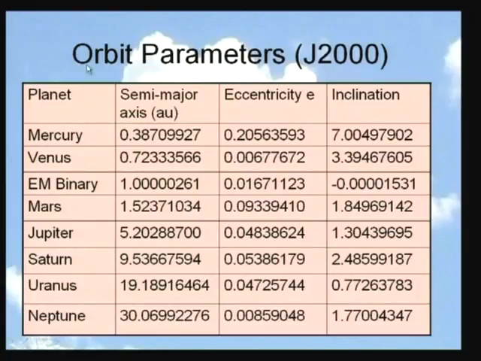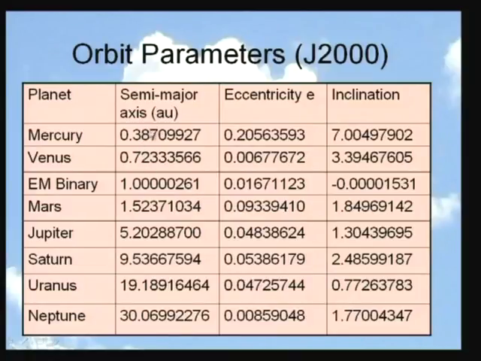So, this shows you the semi-major axis of the planets. We have already discussed what the semi-major axis is. It decides the size of the ellipse, and they are all tabulated here. So, you can see that it increases.